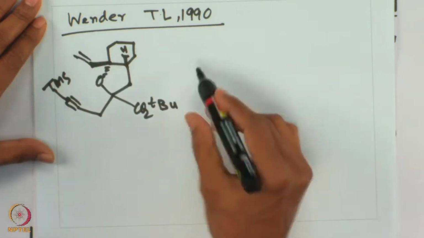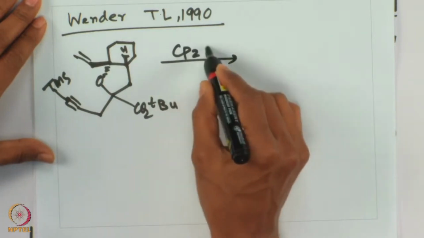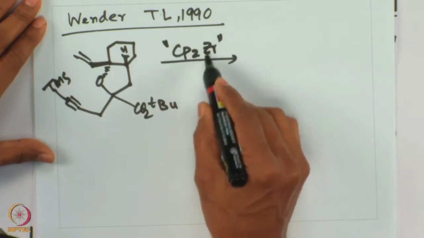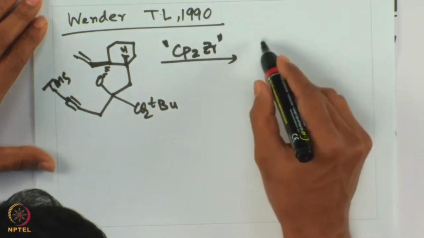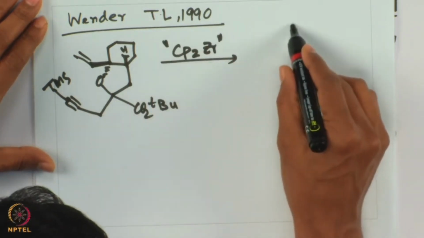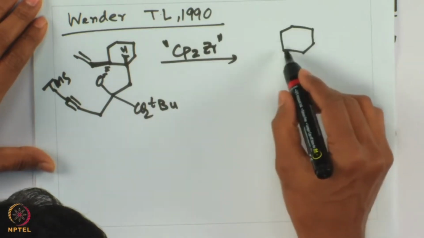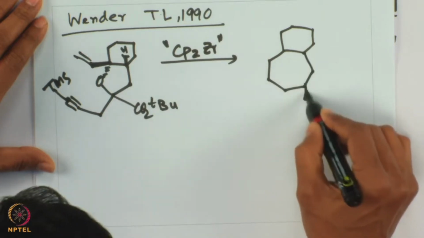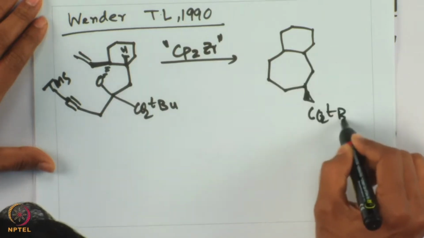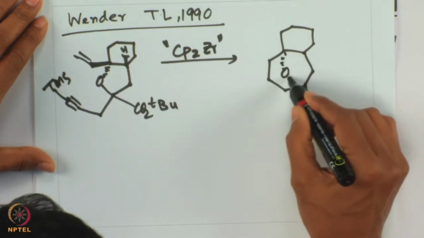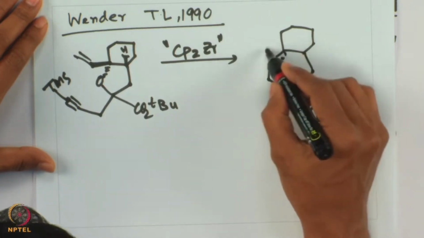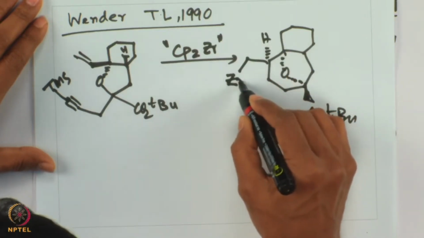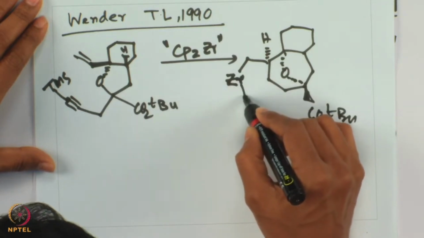So, in enyne chemistry we are looking at this cyclopentadienyl zirconium species. As you know, cyclopentadienyl zirconium dichloride and N-butyl lithium can be used to form this. Overall, we will then have an intermediate where this whole compound can be formed correctly as well, to give rise to this intermediate where you have this zirconacyclopentene, a 5-membered intermediate.